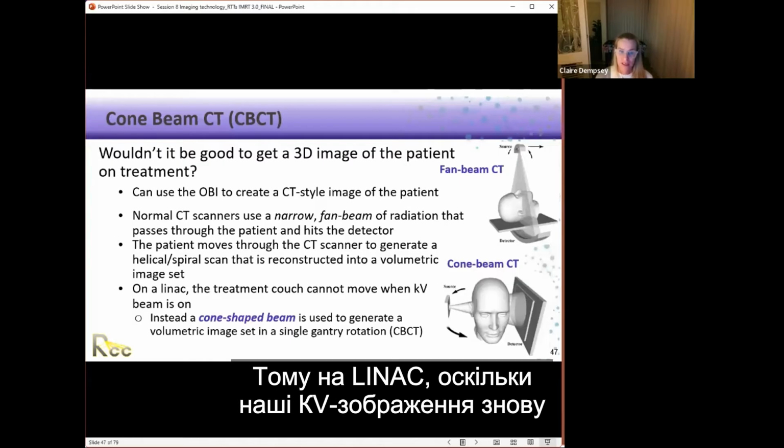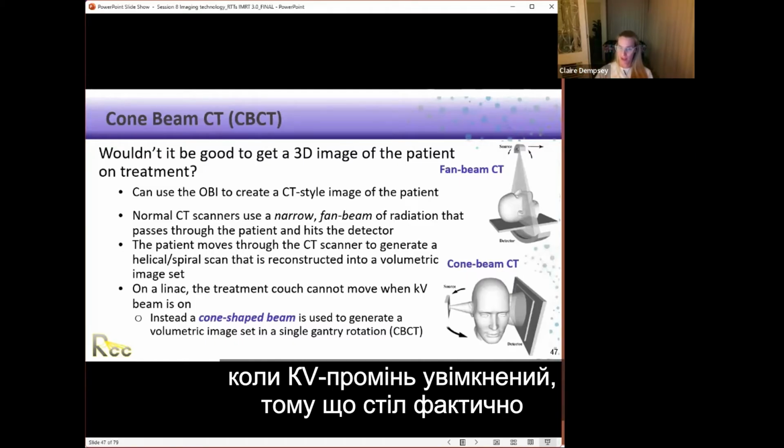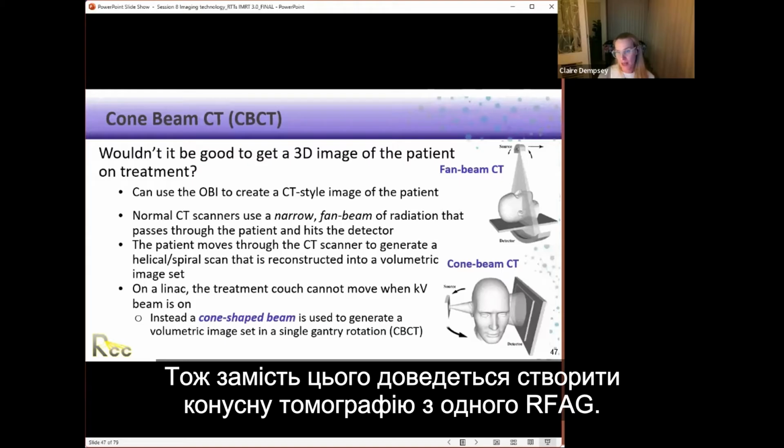So on a Linac, because our KV images are mounted sideways, the treatment couch can't move when the KV beam is on, because the couch will actually hit the KV imager. So instead, it's going to have to create a cone beam CT from a single arc.